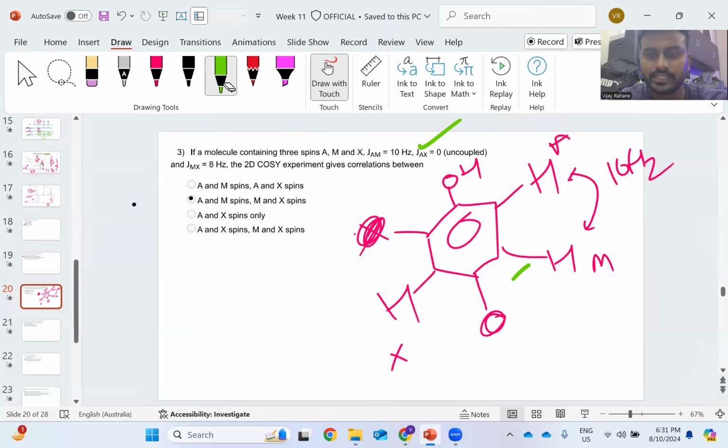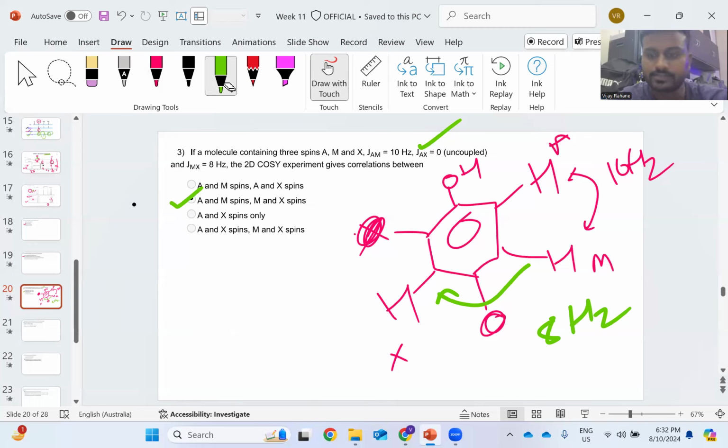So here JMX is 8 hertz. The 2D COSY experiment gives correlation between which? Obviously it will give the correlation between JAM, and also it will give the correlation between JMX. So JAM and JMX is the correct option here.